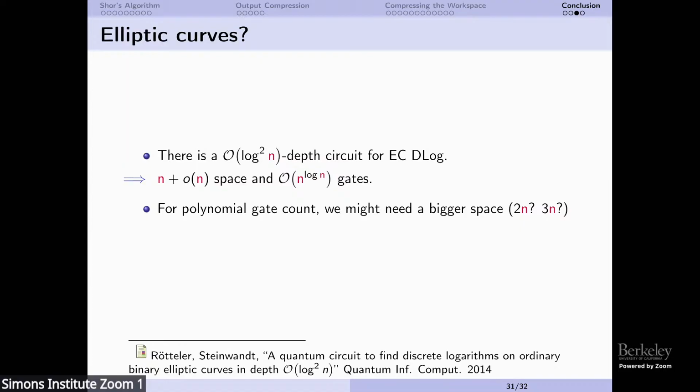Because n is really supposed to be small. In factoring n is 2048, in elliptic curves it's supposed to be 256. So we're also getting to a point where the constants really matter a lot.